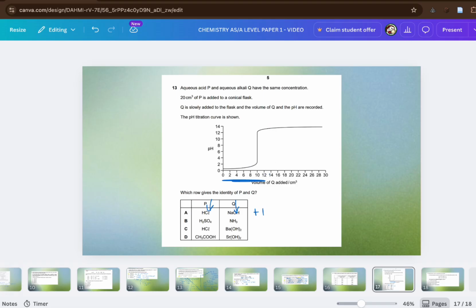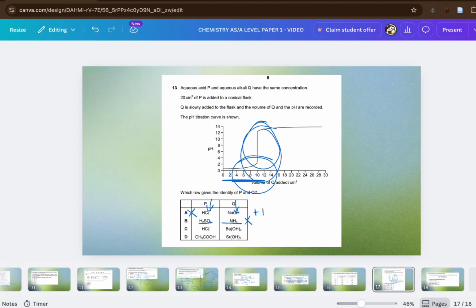So Q must be twice as strong as the acid because it neutralizes it, making it basic, with half of the volume of Q added. Because both release one ion per molecule, they need to be equal volume to neutralize. So eliminate A. B is a weak base and a strong acid. It cannot result in this much change in the pH. Eliminated.